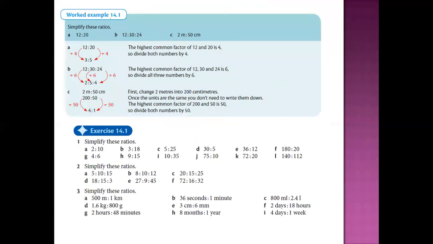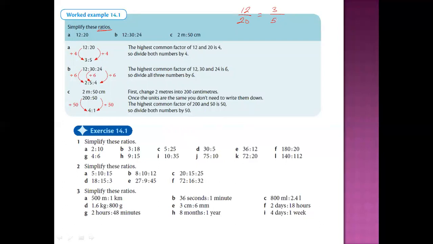So, worked example: simplify these ratios or these fractions. 12 to 20, we can write it like this in fractional form. What is the highest common factor of these two numbers? Of course, 4. When you divide 12 by 4, you will get 3, and 20 divided by 4 is 5.